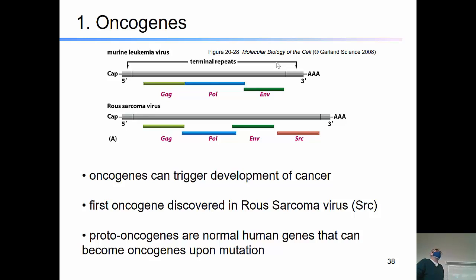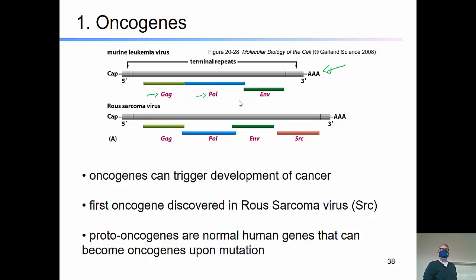Oncogenes definitely contribute to the development of cancer. The first one discovered was what's called the Rous sarcoma virus. So at the top here, we can see this is a murine leukemia virus. And viruses often have these GAG, POL, and envelope genes. These are what we call structural.